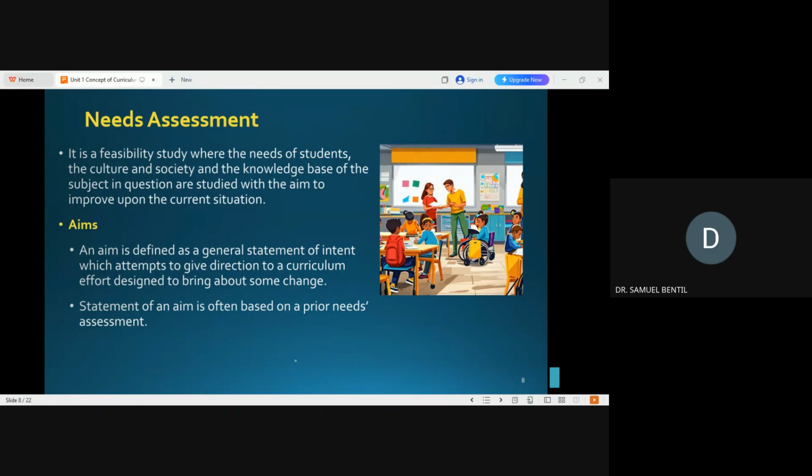So the objectives, as deduced from aims, come in to say that by the time we finish this communication skills course, learners will be equipped to write not more than 250 words of an essay about themselves.